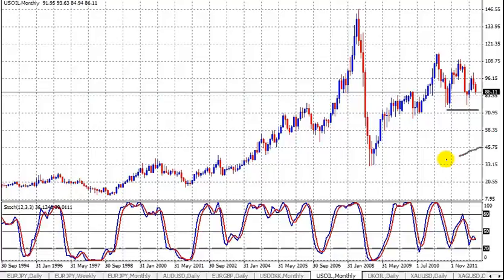Now, I make mention of this because oil is used globally. It's used for just about everything, and it has a profound effect on the world economy. So if oil were to drop back below $74 a barrel, it could get back down into the upper 30s, lower 40s.